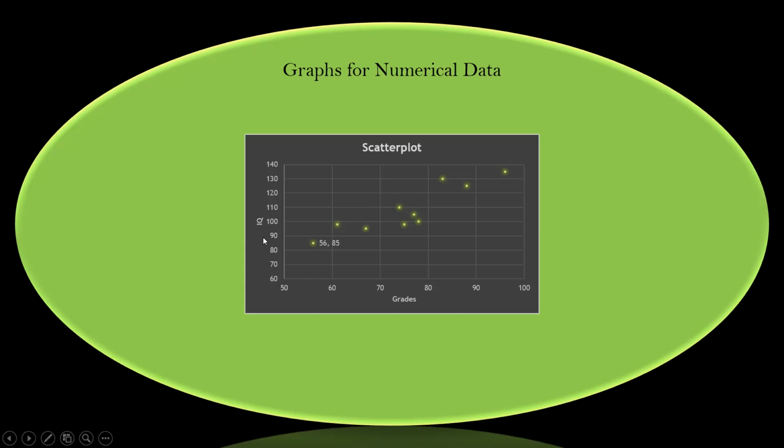Not the variable in its frequency, not the variable in percent, but the variable against a second variable. And so in this case, we can see we probably would end up with a nice positive correlation.